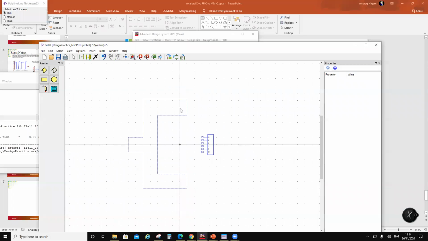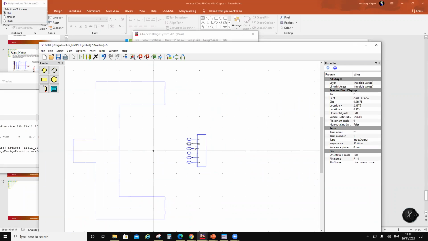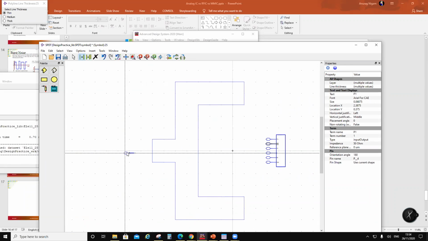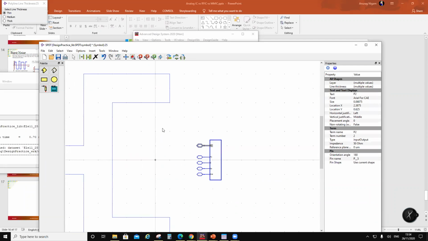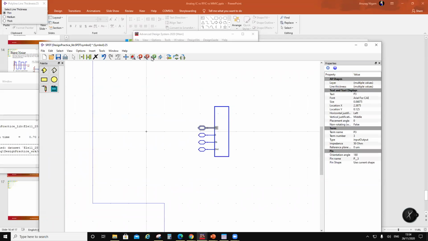Pin 1 is over here, and pin 2 is over there. So if S is high, 1, 2 is through, and 3 is isolated.